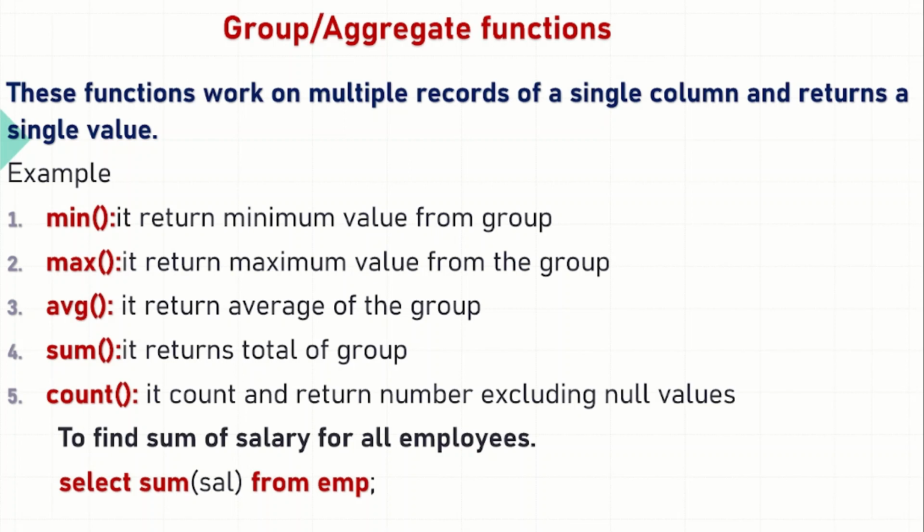Suppose I'm having a record of students, and I want to know how much fees in total we are getting. In that case, we can use group functions like the sum function, which will deliver us the total fees received from all students.